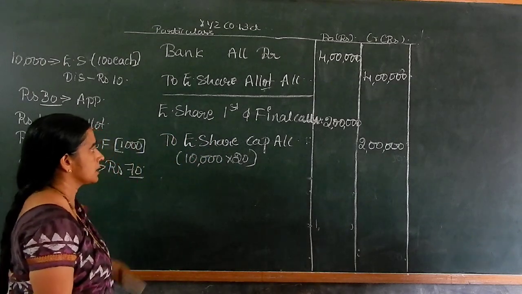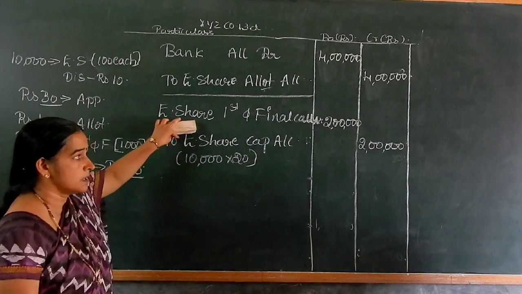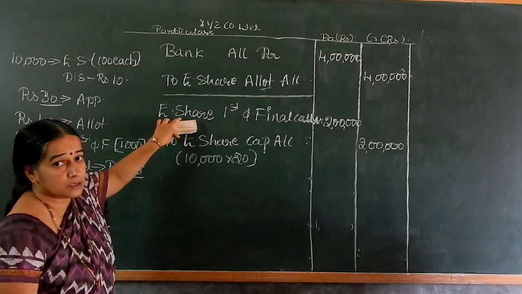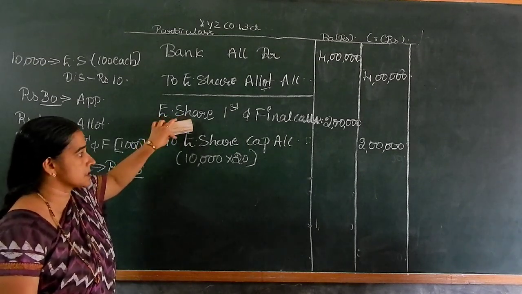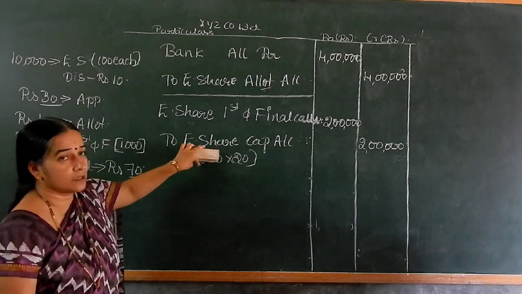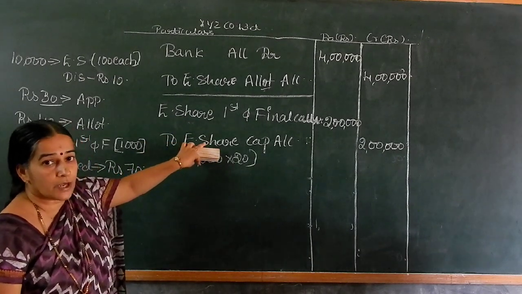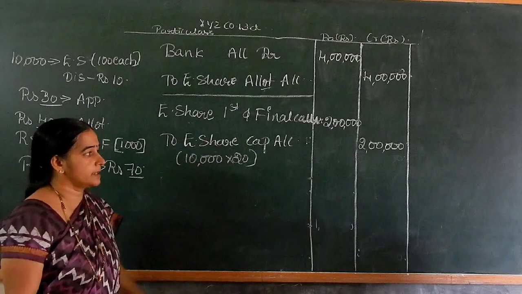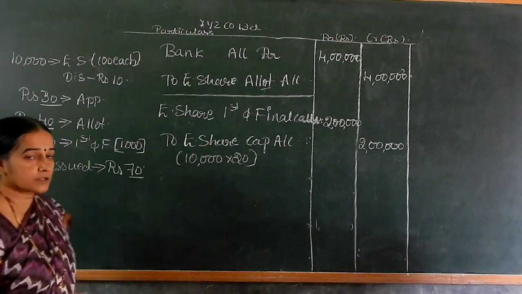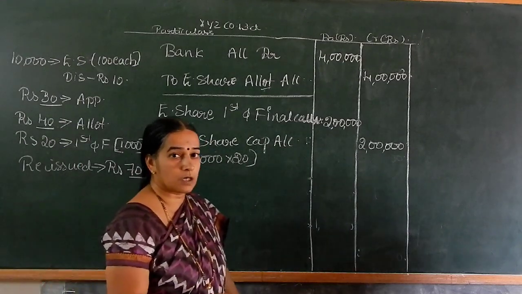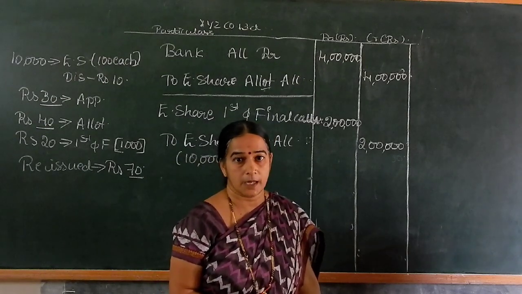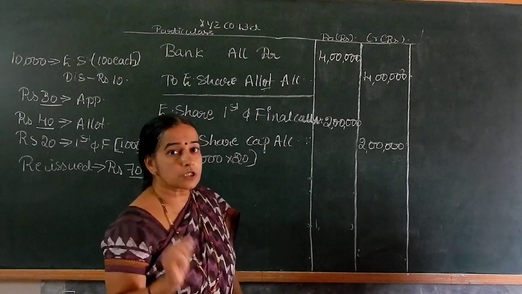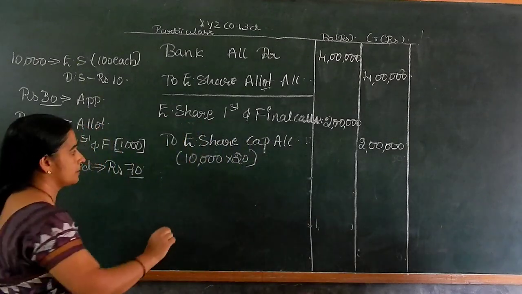So why is equity share first and final call debited? Because the shareholders have to pay the money to the business, and share capital is a liability. Always it will show the credit balance, and after some days the shareholders will pay the first and final call money. That means the company is going to receive the first and final call money.